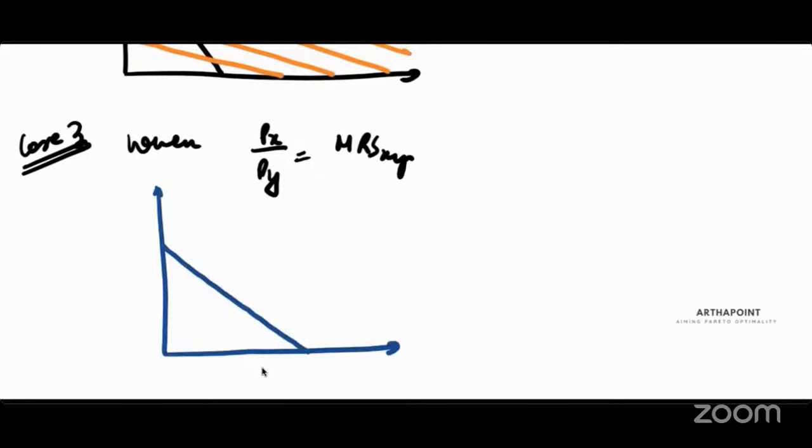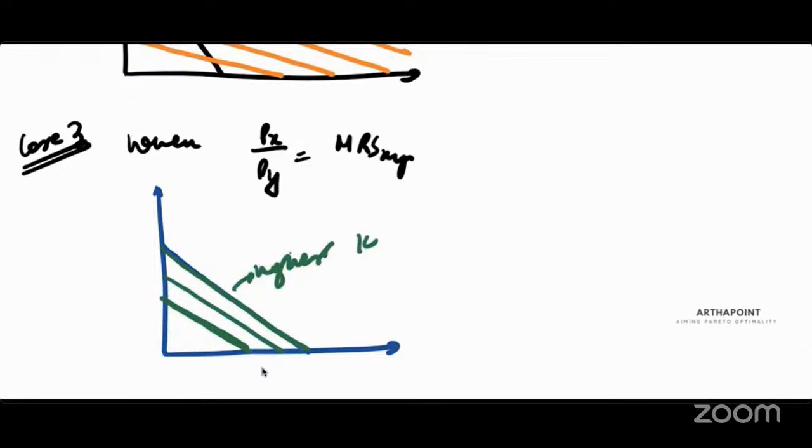My indifference curve has the same slope as the budget line, it's a parallel line. Which is the highest indifference curve I can reach? I can go here, I can go here. This is the highest I see possible, when it coincides with the budget line.